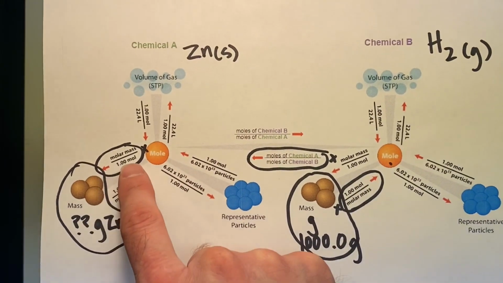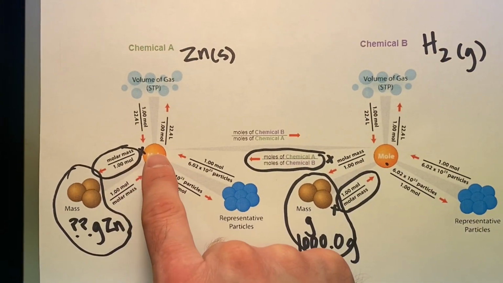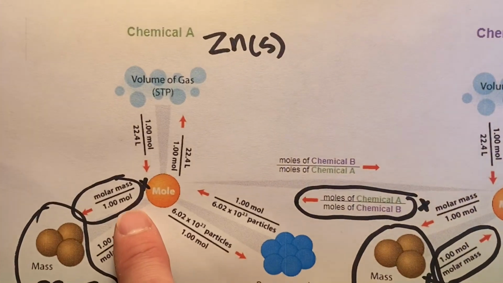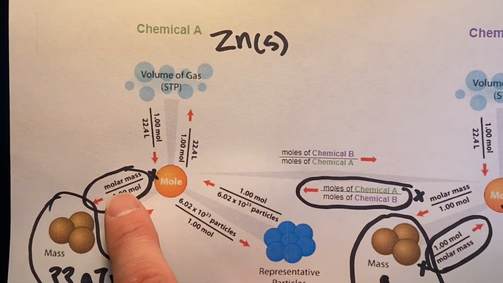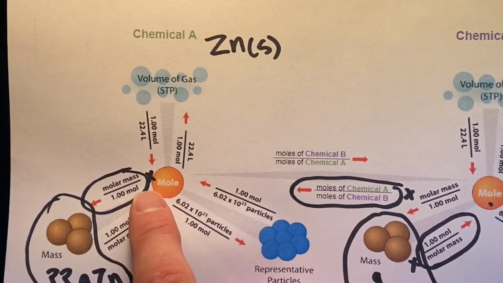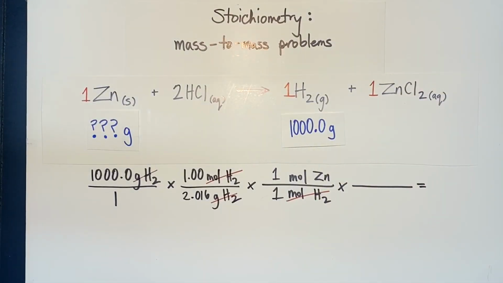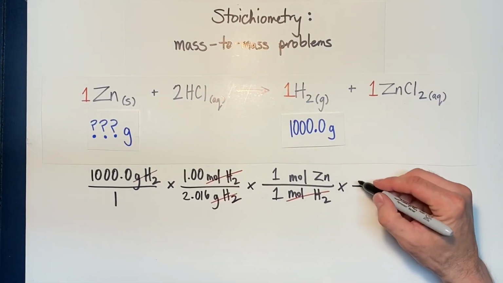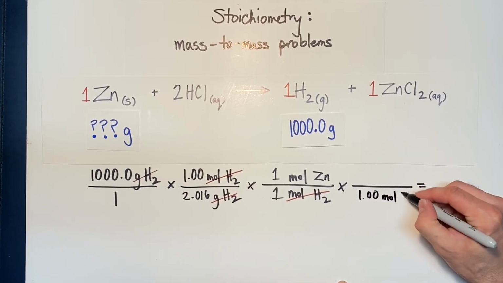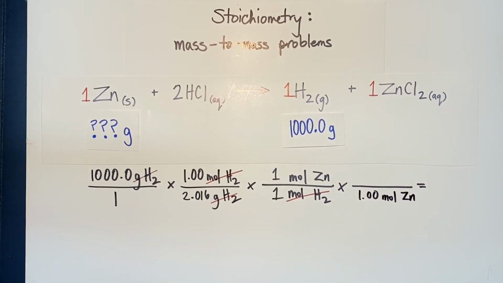We need to multiply by one more conversion ratio. We need to change moles of zinc to grams of zinc. And we do that by multiplying by zinc's molar mass on top over 1.00 moles. So I'm going to write that here. 1.00 moles of zinc, and we need the molar mass of zinc on top.